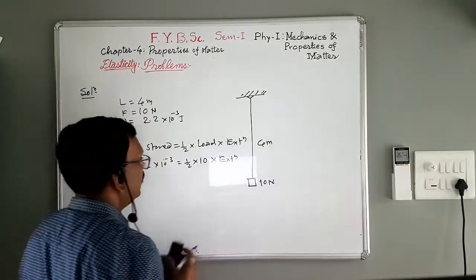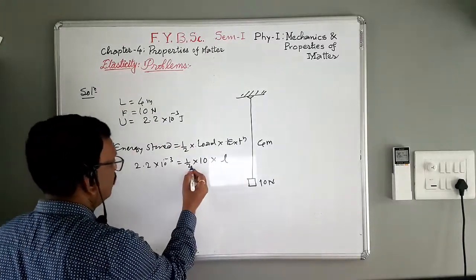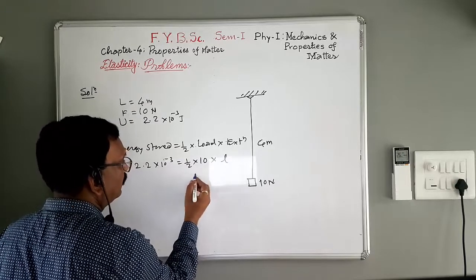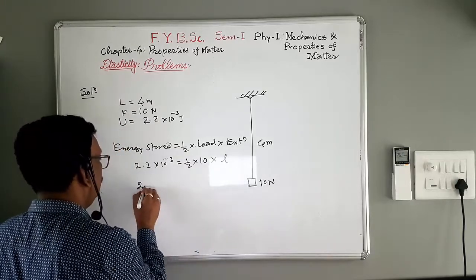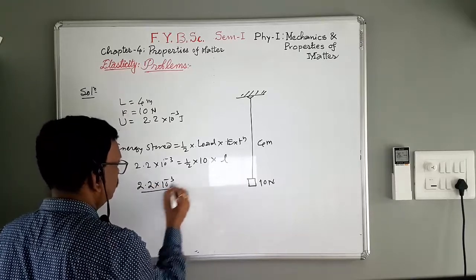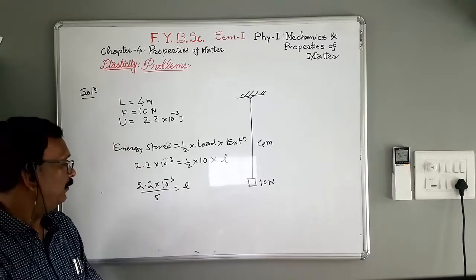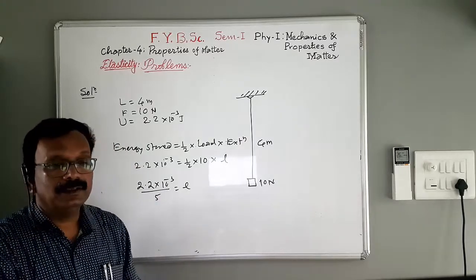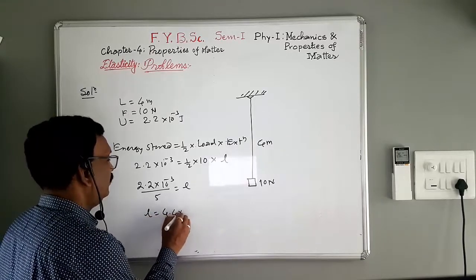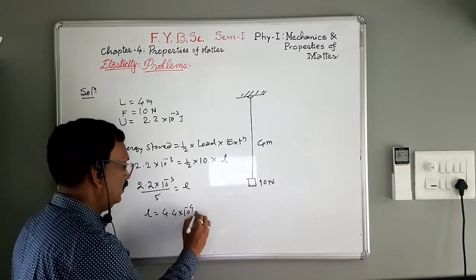Suppose extension is L, then simply 2 by 10 by 2 is nothing but 5. So 2.2 into 10 raised to minus 3 upon 5 is equal to L. When you calculate this, you get L equal to 4.4 into 10 raised to minus 4 meter.